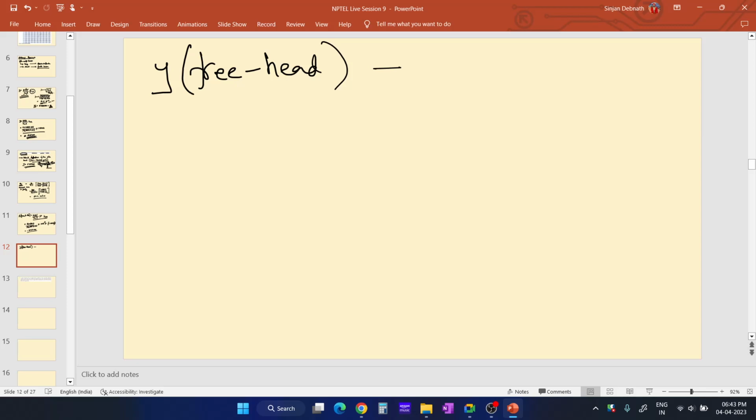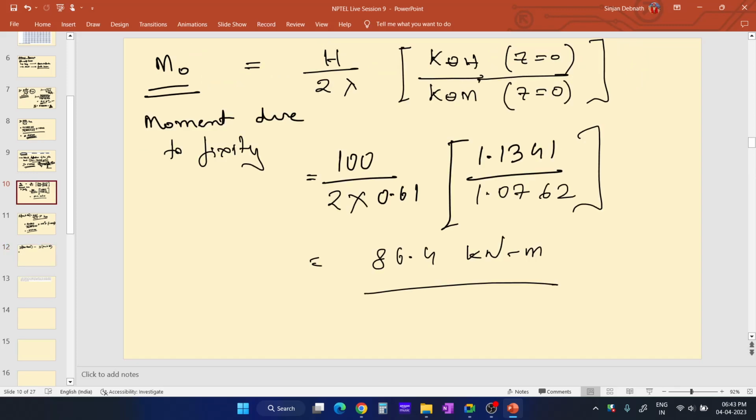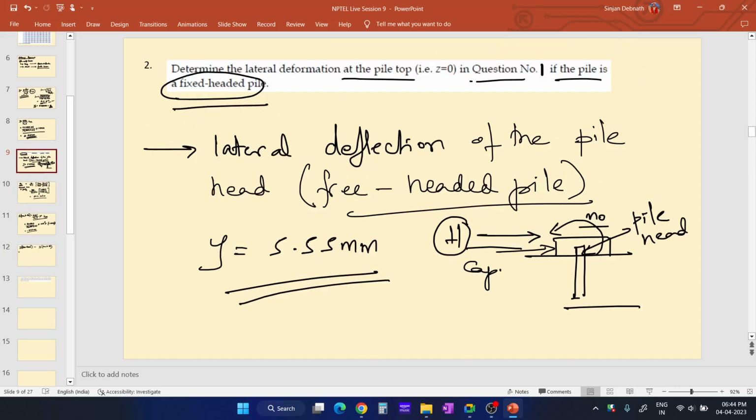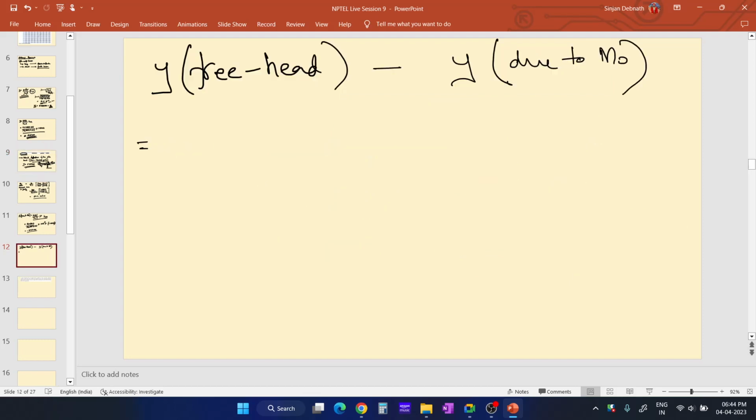We need to subtract the deflection due to m0, that is the counteracting moment, from the free-headed deflection, and it will give the net deflection. The free-headed deflection is 5.55 millimeter, minus y.